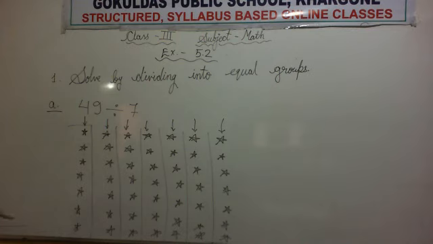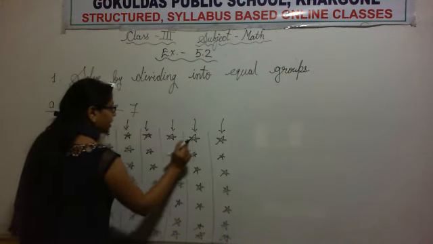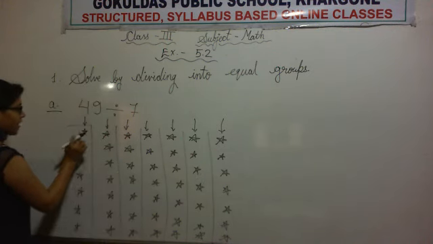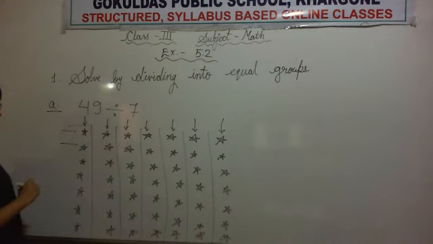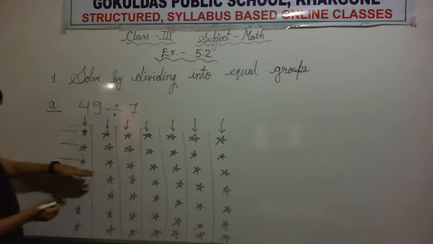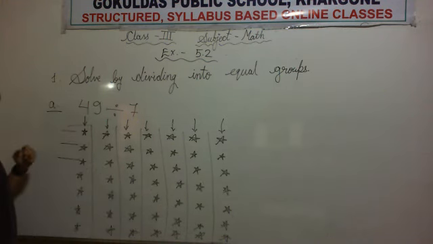Let's count how many stars are in each group: 1 star, 2 stars, 3 stars, up to 7 stars.